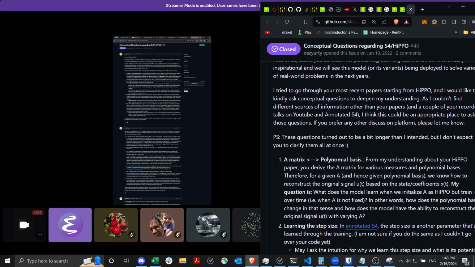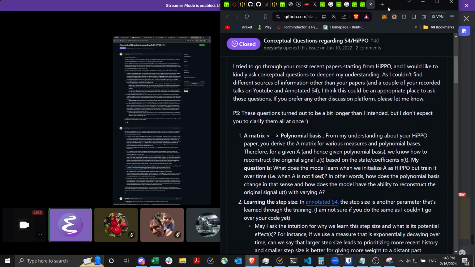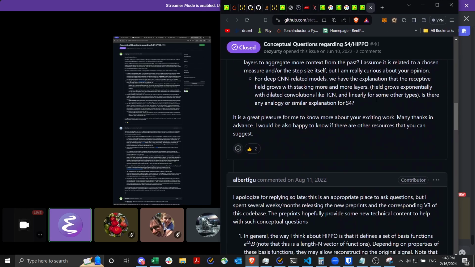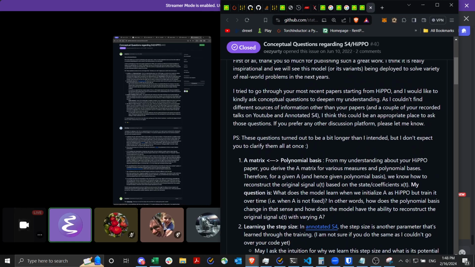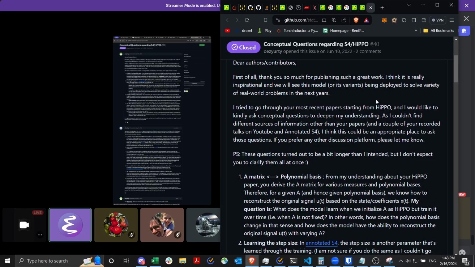These questions were asked after S4 came out, but just before How to Train Your HiPPO came out. And just to give you some context, How to Train Your HiPPO is notable in that it unifies a number of different models based on the broad state space model.